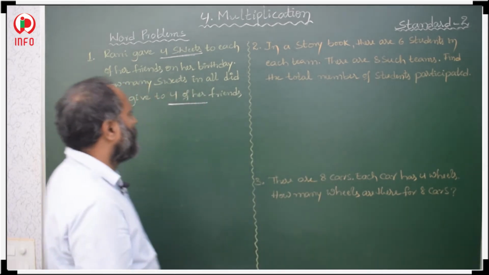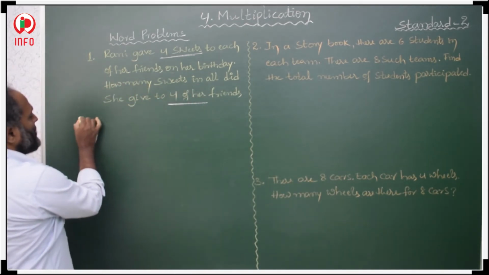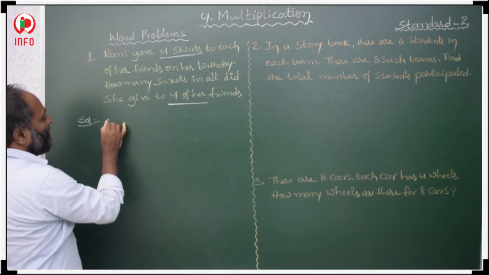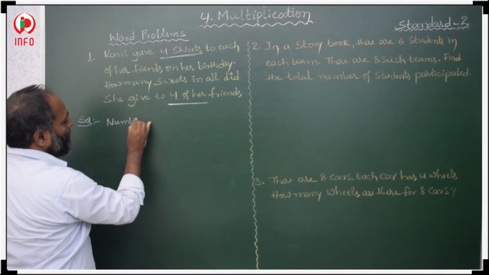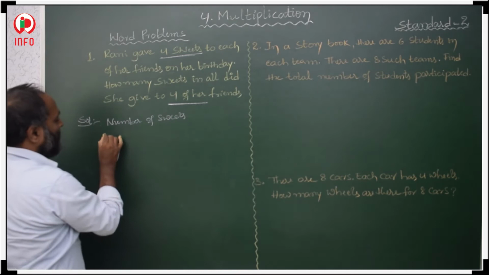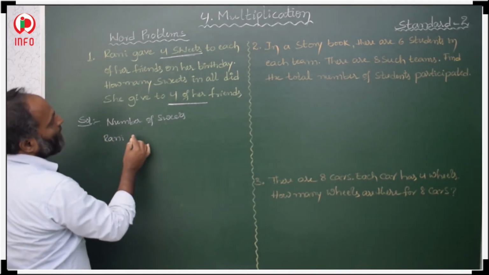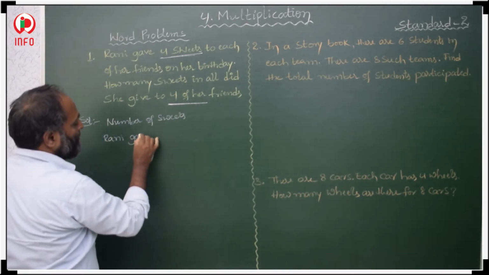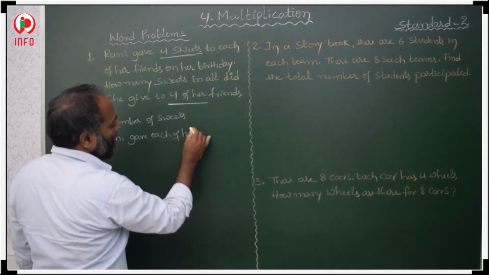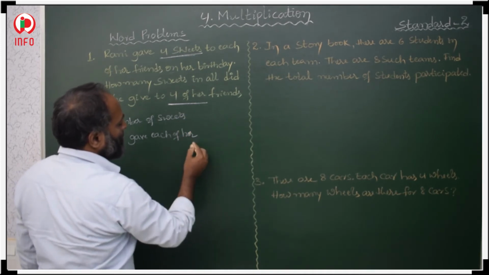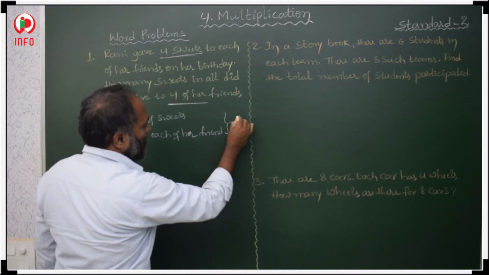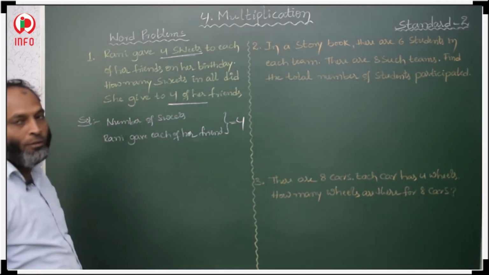Okay. First, solution. Number of sweets Rani gave each of her friends, each of her friends 4 sweets.